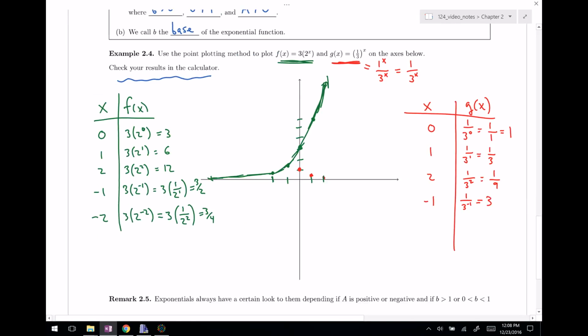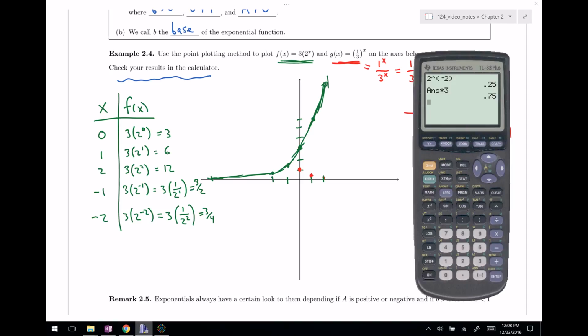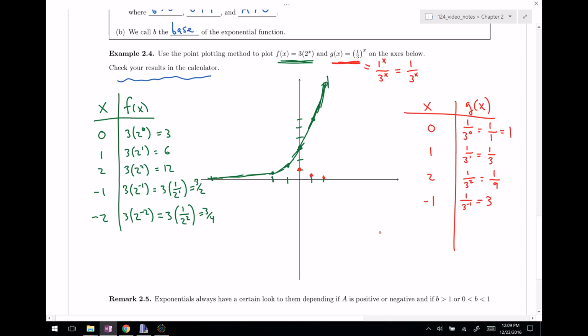Let's go ahead and check this in our calculator really quick. 1 over, I'm going to do parentheses, 3 raised to the, another set of parentheses, negative 1. Close, close. Enter. That is indeed 3. Nice. Okay, so when I plug in negative 1, I get out 3.